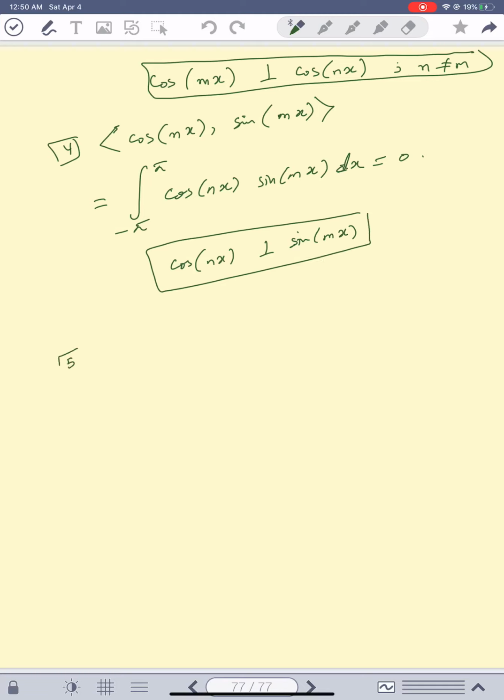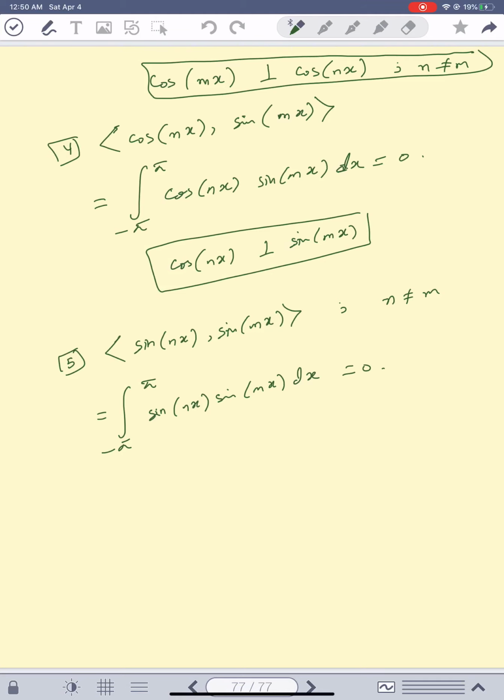Now what's left is to test the sines together. So I'm taking sine with all other sines, but here I need to require that n is different from m. This is the integral from minus pi to pi of the sine times the sine.